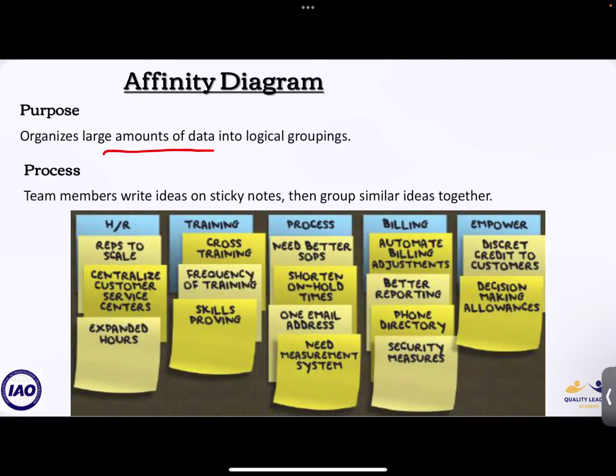For example, ideas related to HR, training, process, billing, and empowerment. The ideas related to HR go under HR, and ideas related to training go under training. Ideas related to products go under products and so on. So the affinity diagram is used after we collect many ideas, and I often use it after brainstorming to do ranking or categorization.